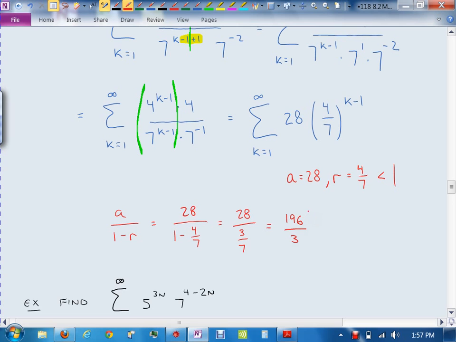Does that go in there? 196 over 3. I believe that's right. That's what that series converges to. And we would leave it as a fraction, just like that. We don't need the decimal. You actually want to leave it because it converges. That means it's getting closer and closer to that. It's never actually going to get there, but the series is getting closer and closer.